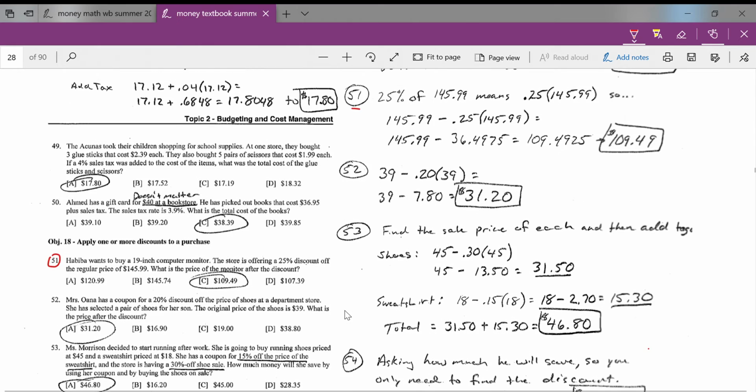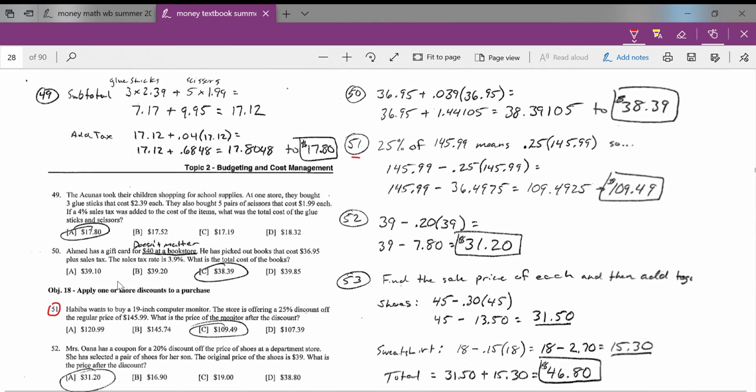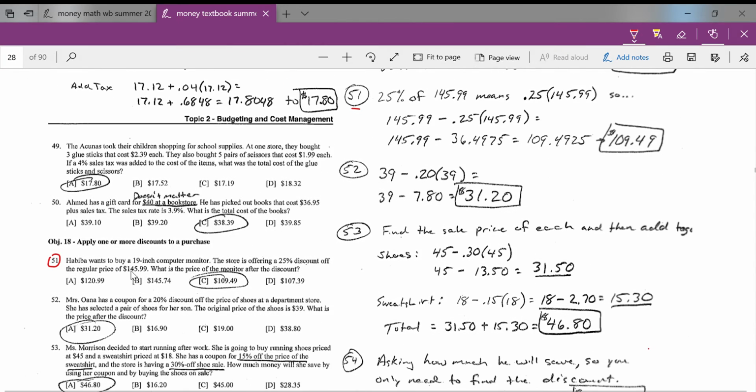So 51, it says it's a 25% discount off the regular price. Okay, so 25% of $145.99 means 0.25. We move the decimal twice. So we have to find the percent of this, meaning times, change that to a decimal, times here.